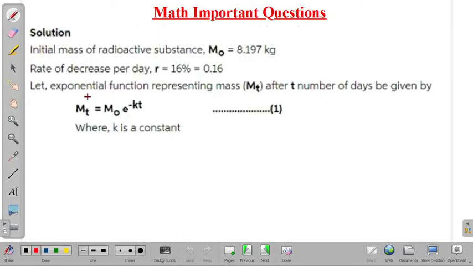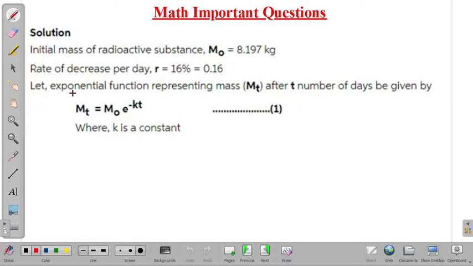So see, the initial mass is given as m0 equal to 8.197 kg. Also, the rate of decrease per day is given as r equal to 16%, that is 0.16. This is the rate of decrease of the radioactive substance mass.